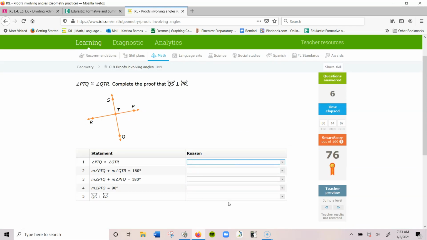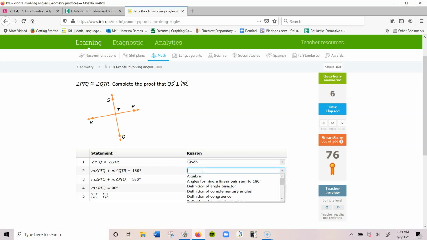Now here we've got to give the entire thing. It says here that angle PTQ is congruent to angle QTR. So that is a given statement. Usually either the first or second are given. If PTQ and QTR are congruent, that's what we're told. And as you can see, if you add these two angles together, they form that line PR. So this is because they form a linear pair. So that's angles forming a linear pair sum to 180.